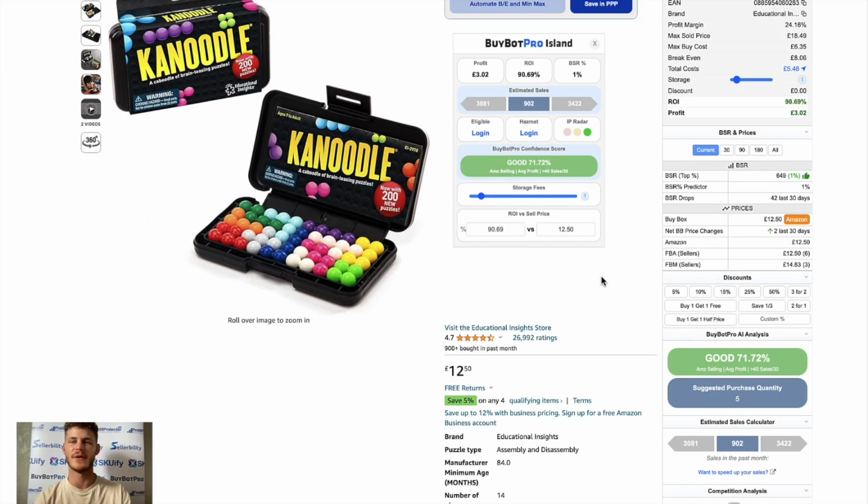I hope you're doing well, and today I wanted to draw your attention to a particular part of the BuyBotPro panel which can really help you out, and this is the BSR and prices section of the analysis table. So this is basically a summarized way of understanding the BSR of this product and key elements of prices and price changes.